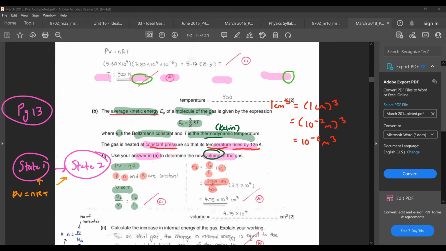That's why you need to add 125. So T2 is 500 plus 125 divided by 500, multiplied with your volume, 3.8 times 10 power 4. Eventually you're going to get the answer as 4.75 times 10 power 4 centimeter cube. So this is your answer.